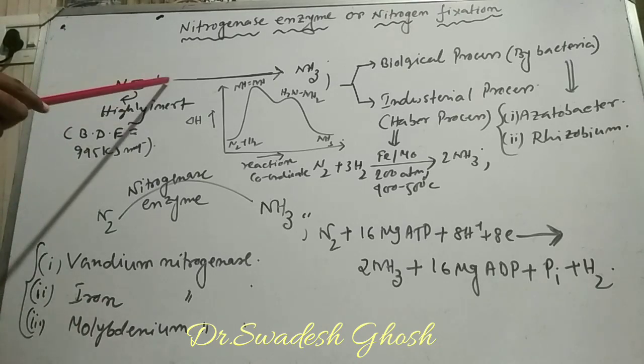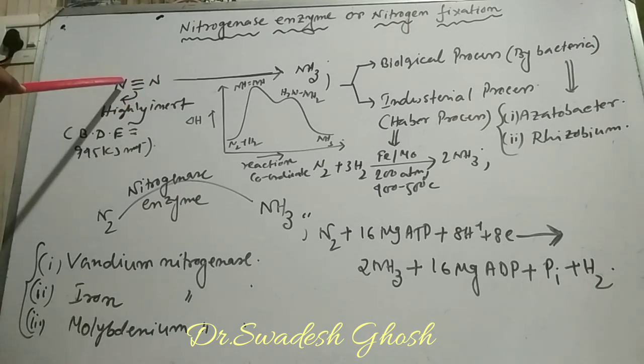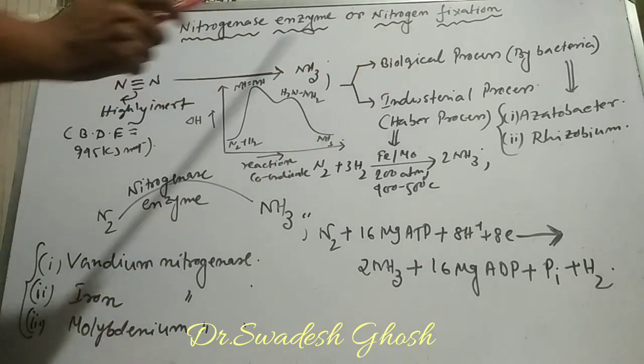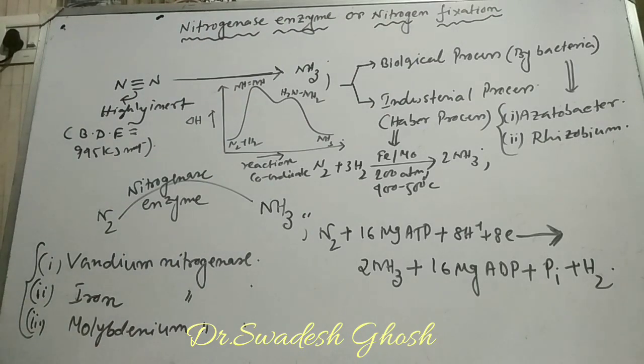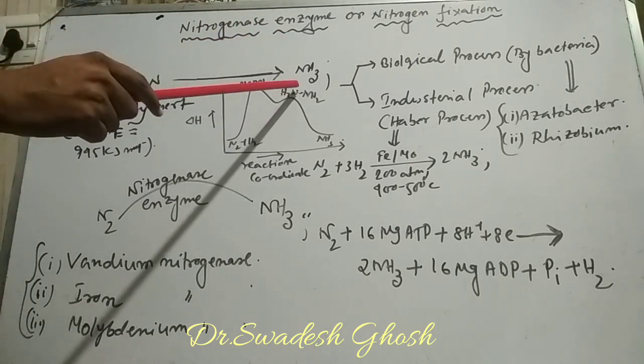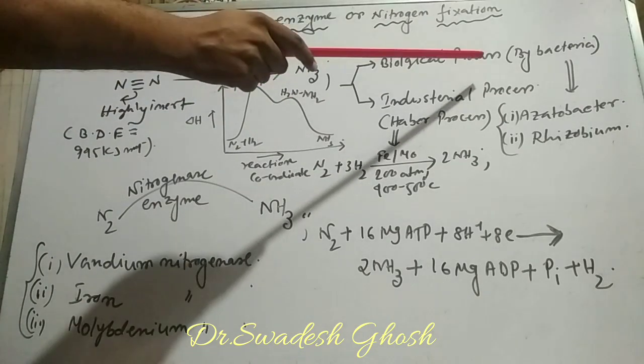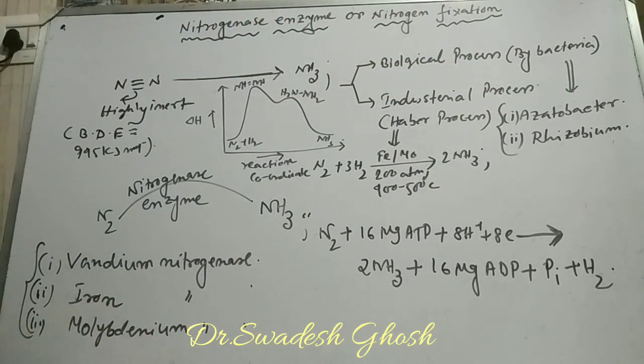Nitrogen is converted to ammonia by two processes. The first is the biological process, in which nitrogen is converted to ammonia by the presence of bacteria, for example Azotobacter and Rhizobium bacteria.